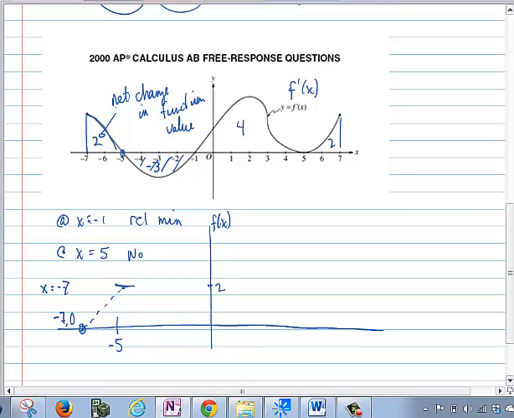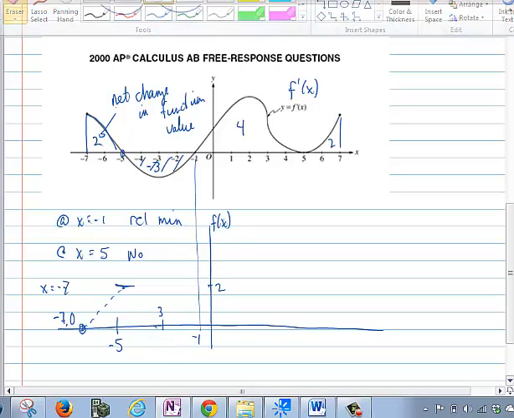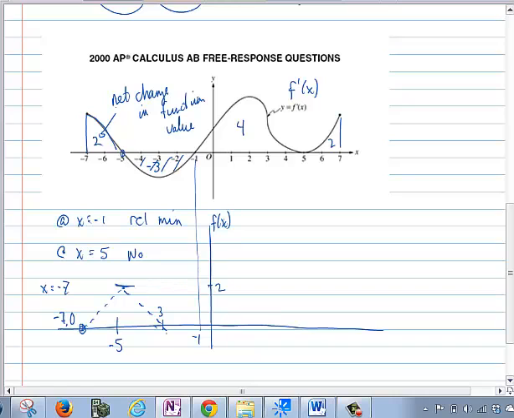So here it went up 2. Here it's going to go down 3 until -1. I'm just doing a rough sketch to show how the function is going up and down based on the derivative, and relatively speaking, by how much.